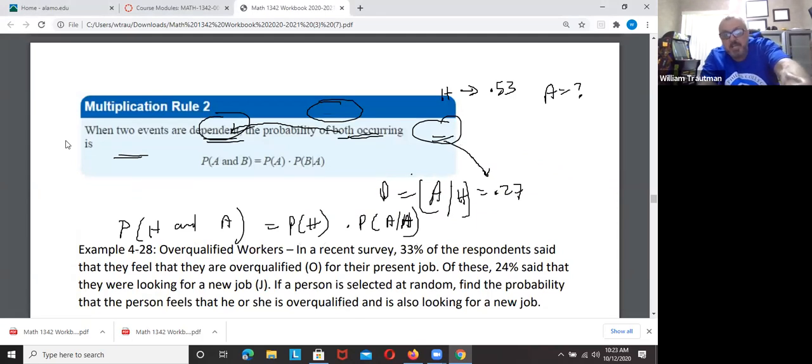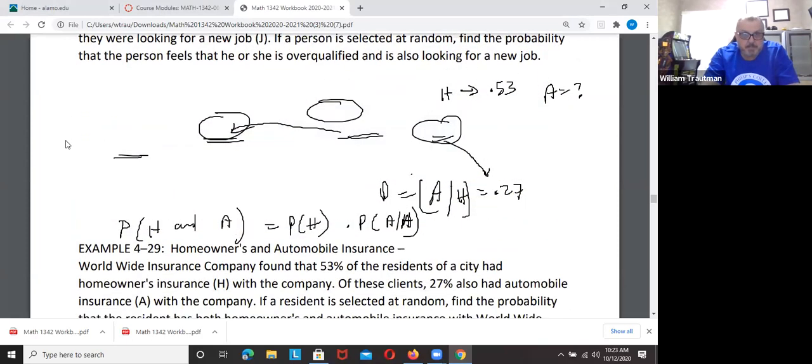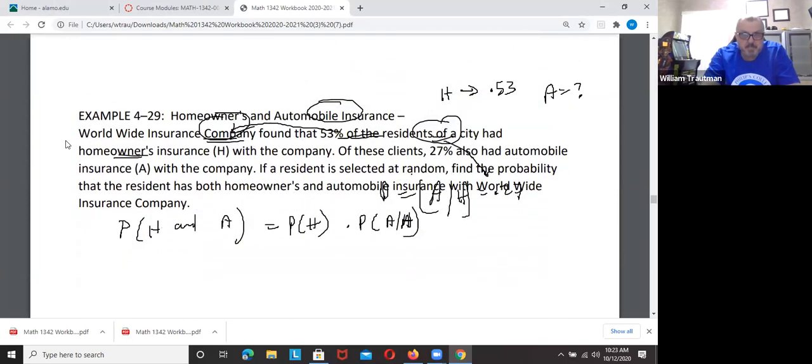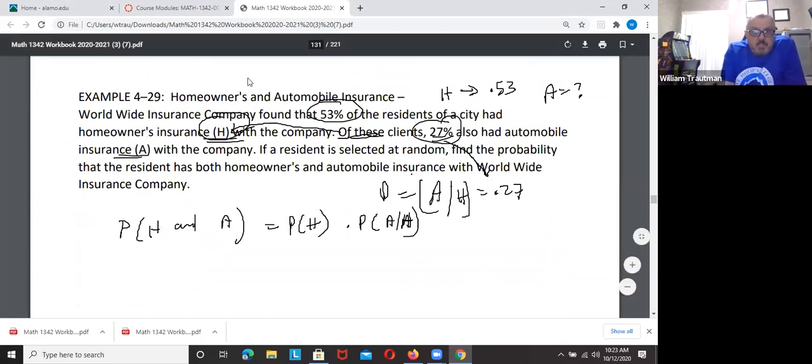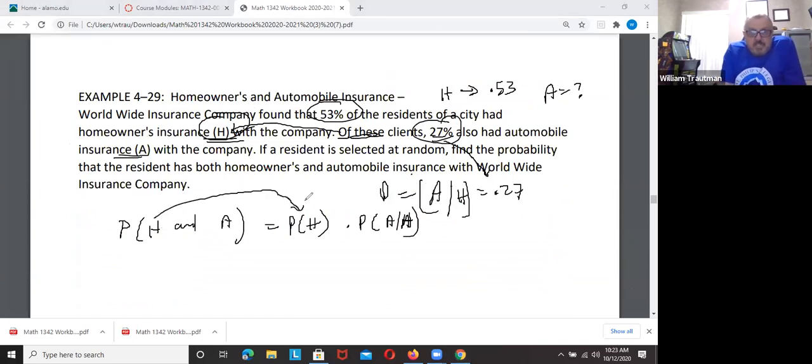The probability of A times the probability of B given A. So A is first, and then A is on the bottom. Same as here, H is first, and then H is on the bottom.